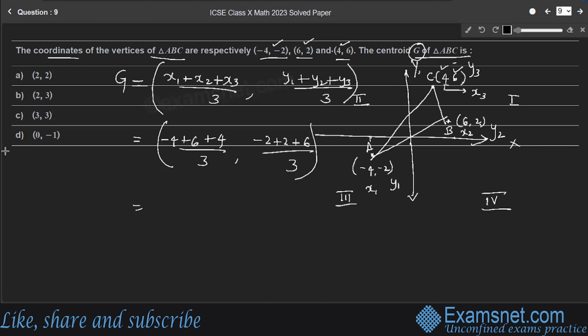You get 6 by 3, which is 2, and 6 by 3, which is again 2. So (2, 2) are the coordinates of centroid G.